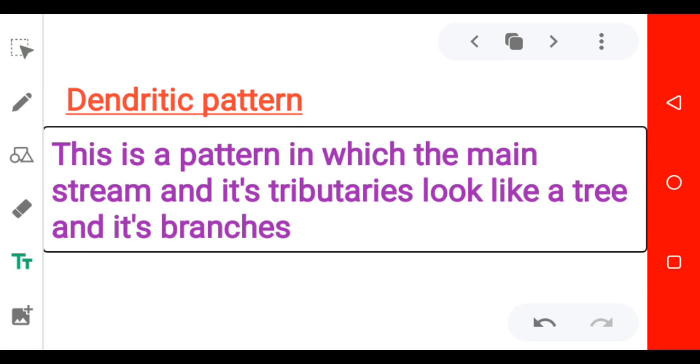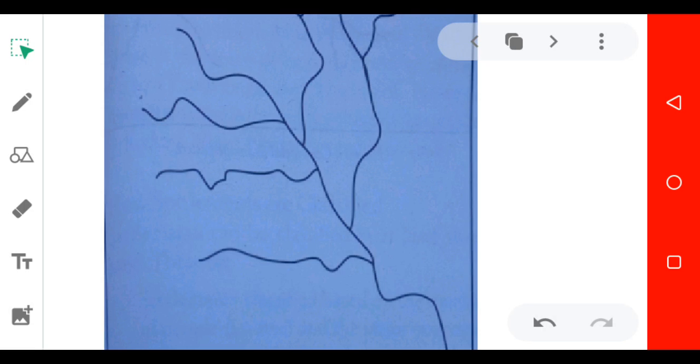This is a pattern in which the main stream and its tributaries look like a tree and its branches. Can you see it? Like a tree having its branches. This is dendritic.